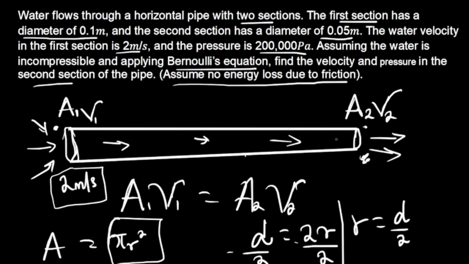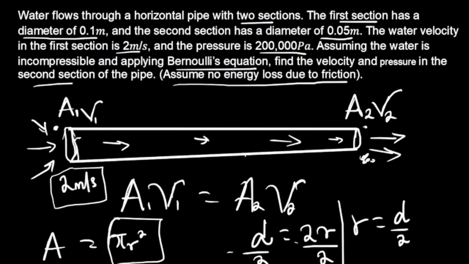That means that the water is going to flow at a faster rate compared to this very part. And that means that the velocity that you're going to get right here should be higher than 2. If you solve for this part and get a negative velocity, then you're wrong. If you get a velocity less than the initial, then you're also wrong. Your velocity here must be higher than your initial velocity. That is just how it is.